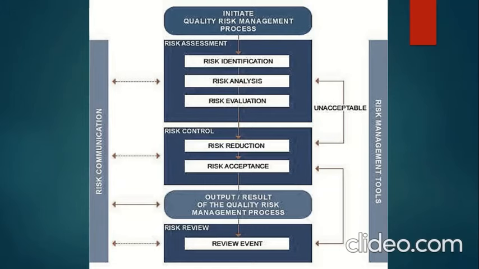In the risk control step, there are 2 sub-steps: risk reduction, first we need to reduce the risks, and then risk acceptance. After risk control, the next step will be risk review, where the event of risk needs to be reviewed. This is the complete process of quality risk management.